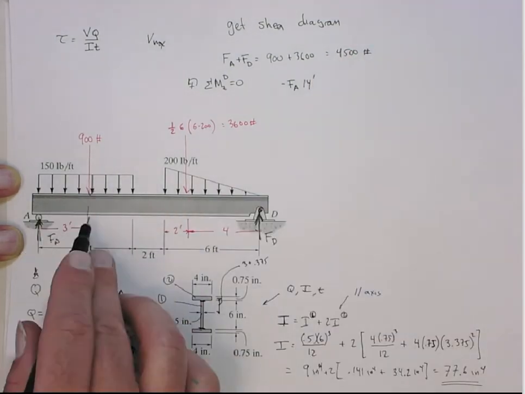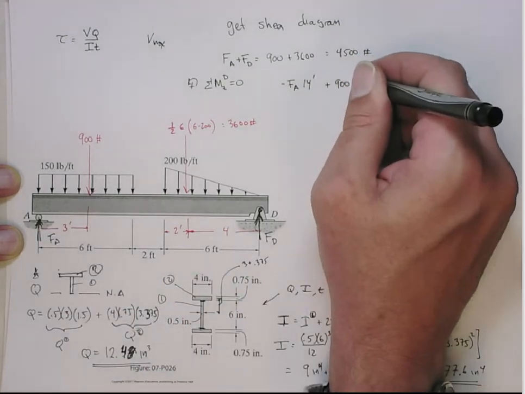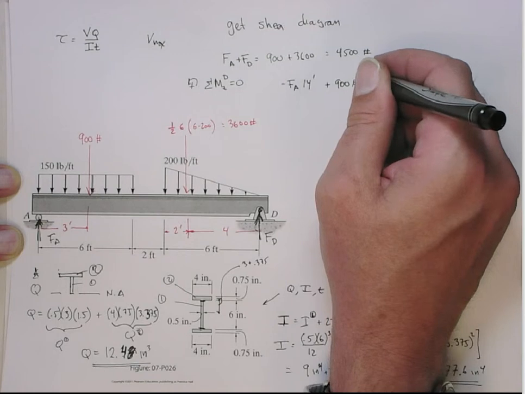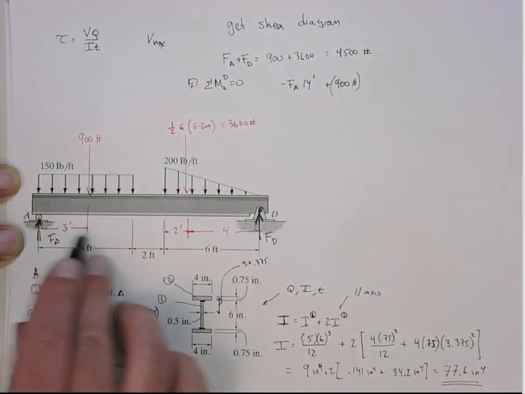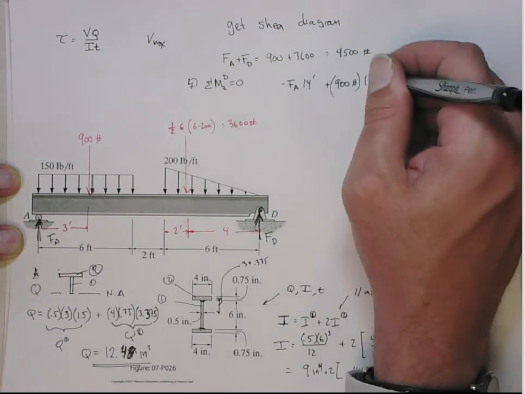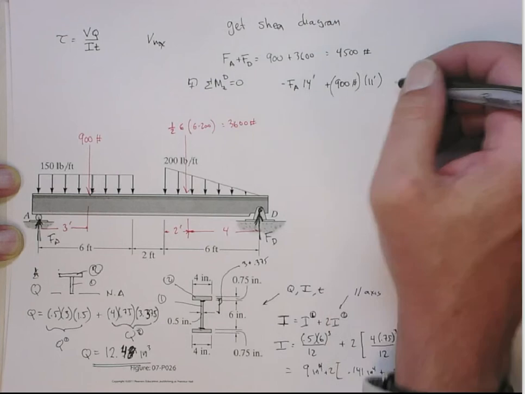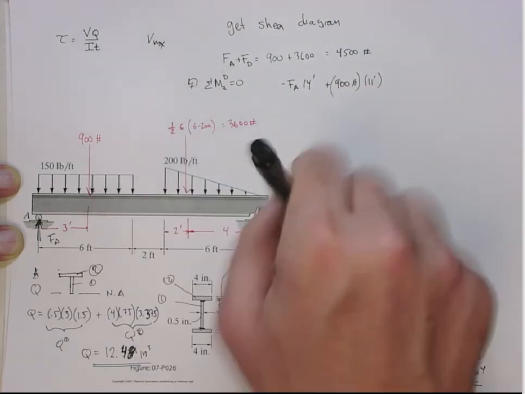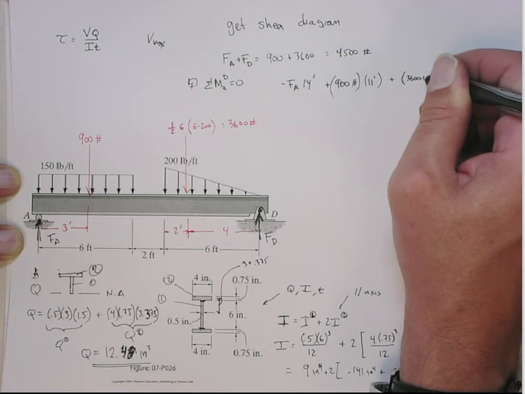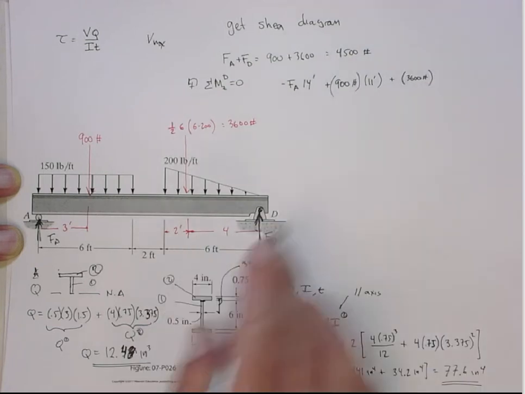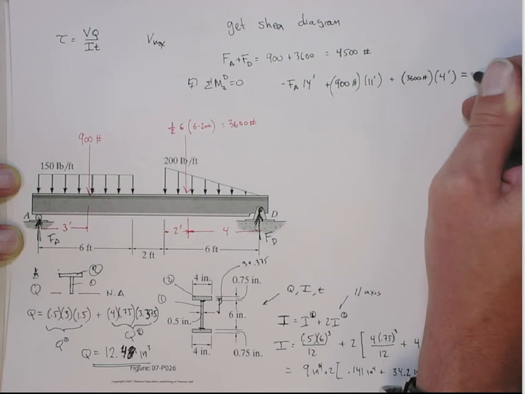This 900 pounds force is a positive moment. Okay? And it acts on its moment arm, which is the 14 minus 3, which is 11 feet. This effective force here is also going to induce a positive moment. So it's the 3,600 pounds, and its moment arm is 4 feet. And that all has to go to 0.